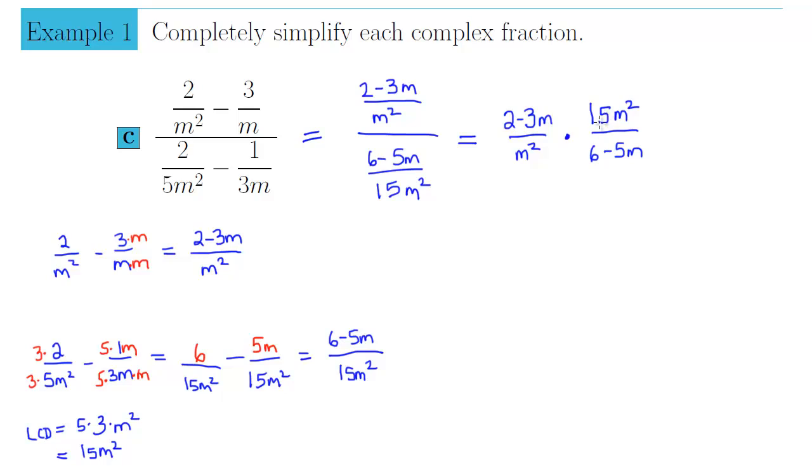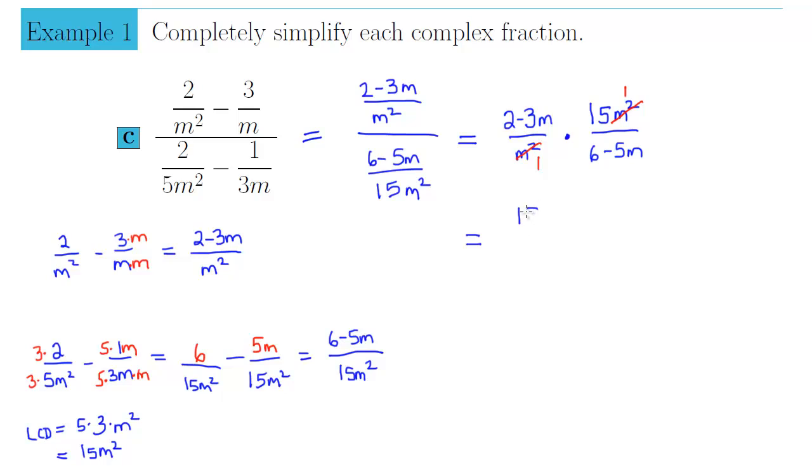So all we can do and all we can see that will cancel is notice we have an m squared here and an m squared here. So let's go right ahead and let's just cancel those m squareds. None of the other factors will cancel, so we combine by multiplying.